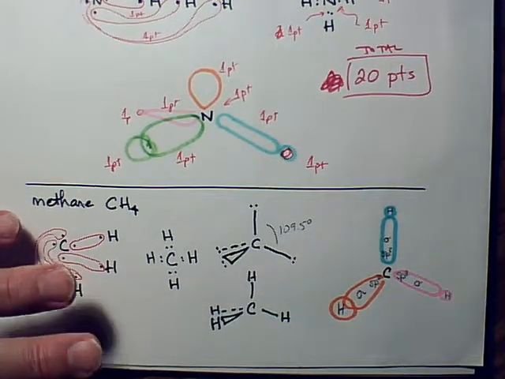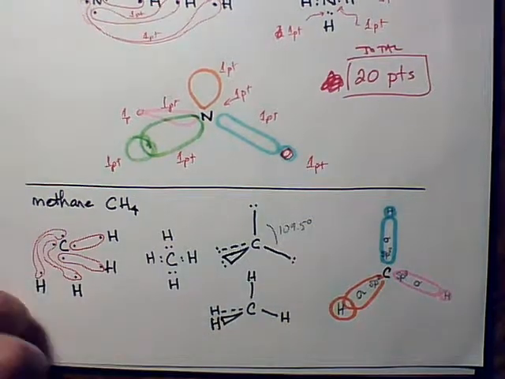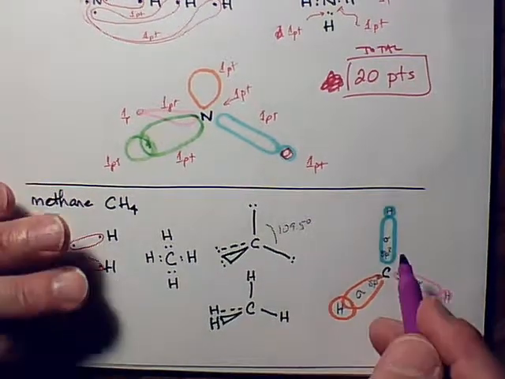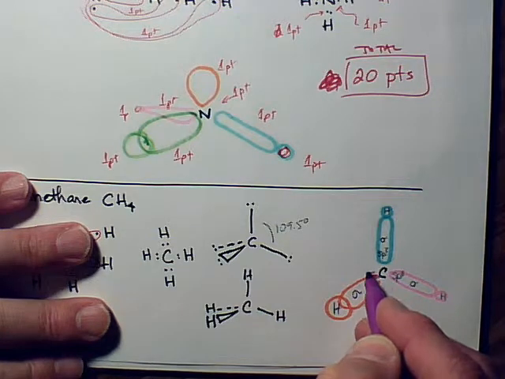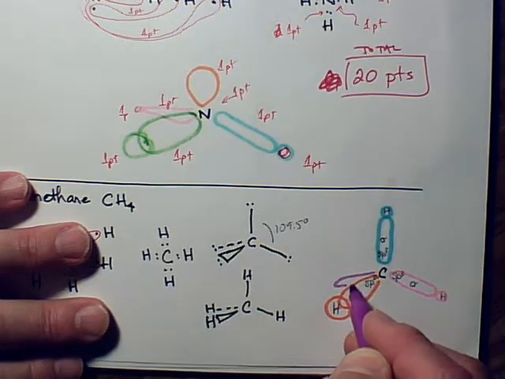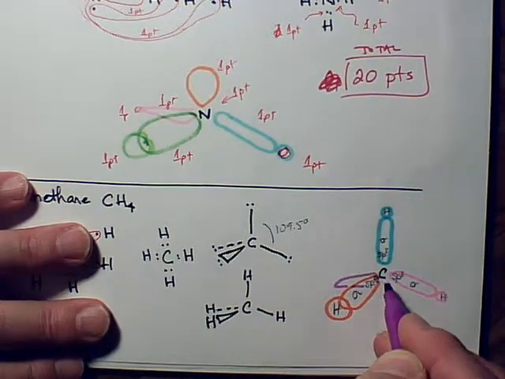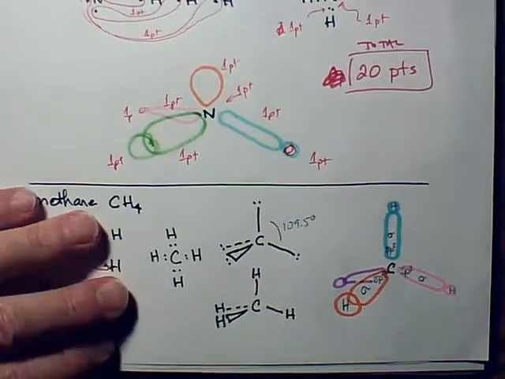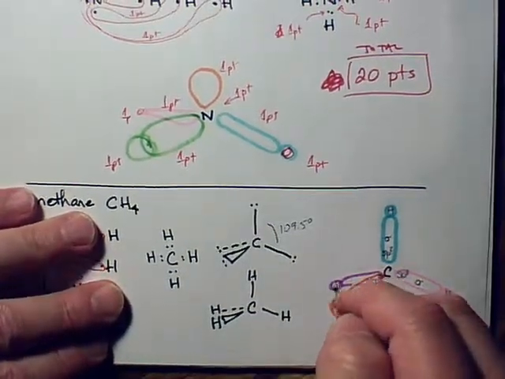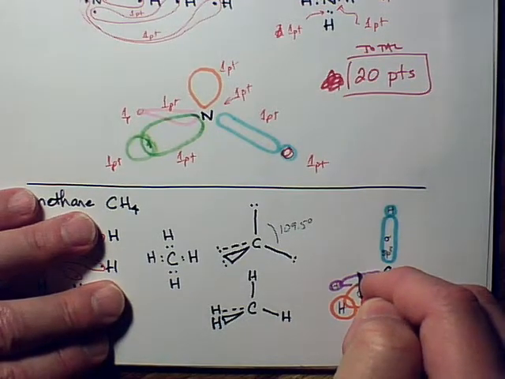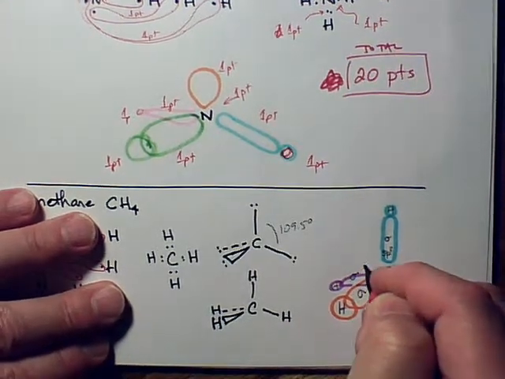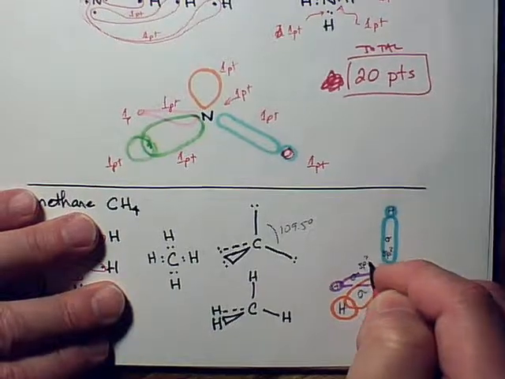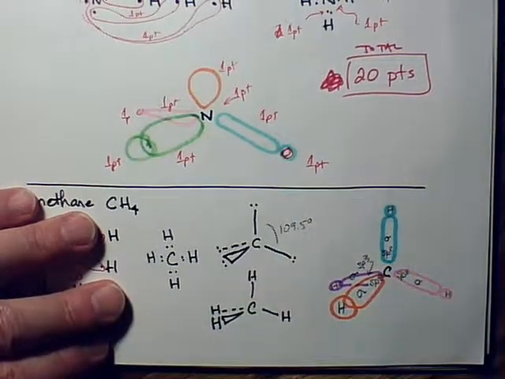Okay? And then finally, we're going to have a shared orbital forming this sigma bond that's going to come out behind everything back here. Okay? And a hydrogen on the end. So here's the hydrogen. This is the sigma bond here. And I'll just have to draw an arrow to show where the sp3 goes right down there.